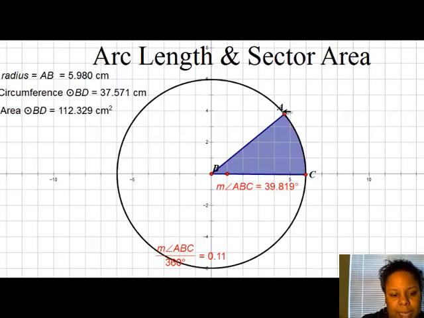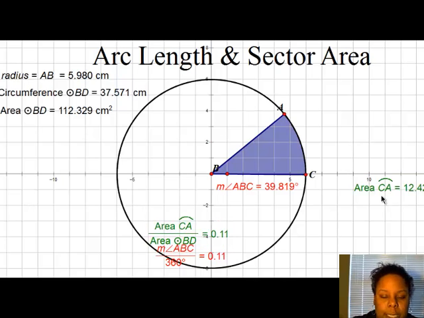We also have something called the sector that is formed by this angle, and the sector is this space in between the two radii and the circle. So this shaded purple area is also a portion of the area of the entire circle.